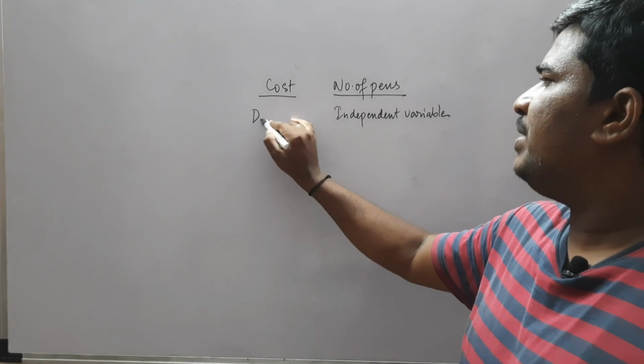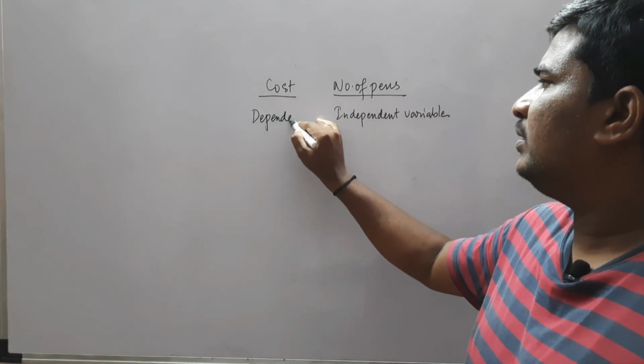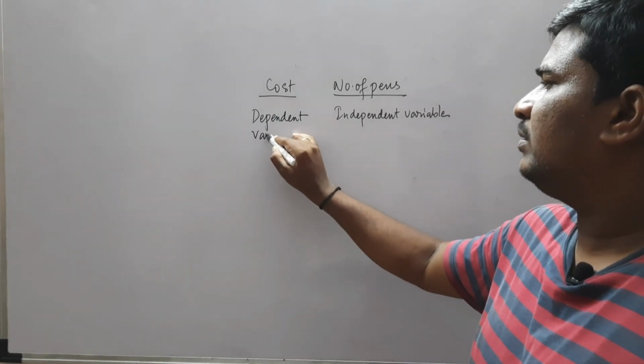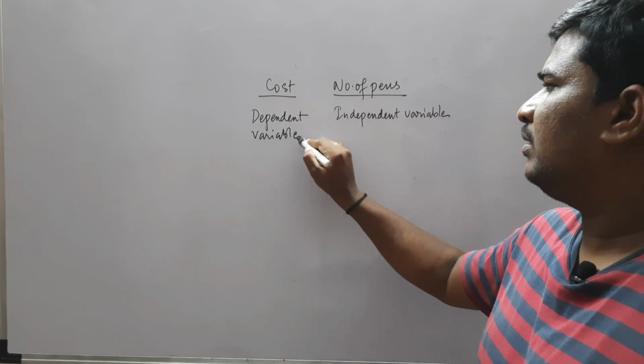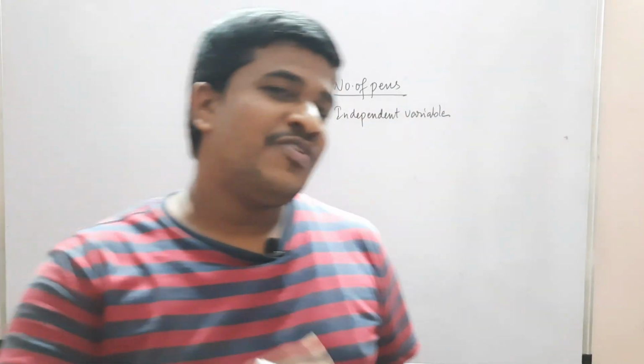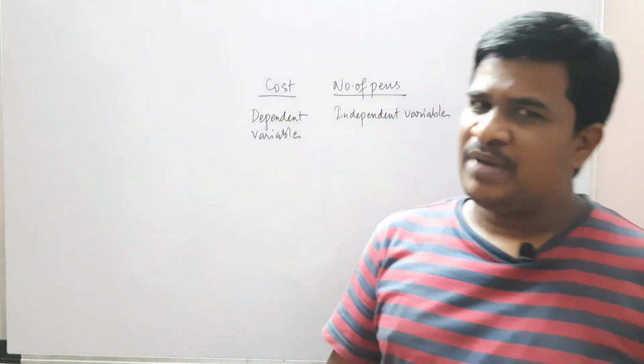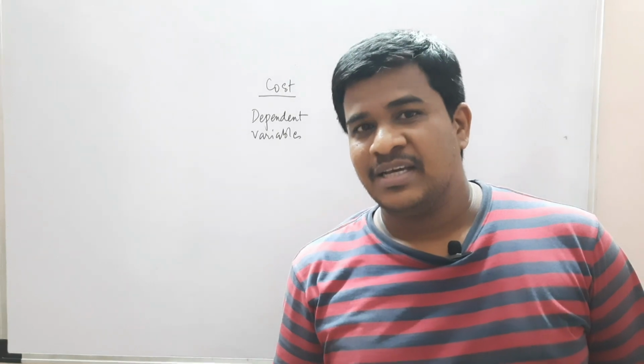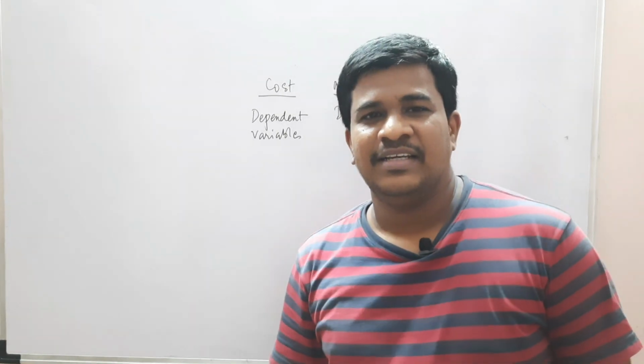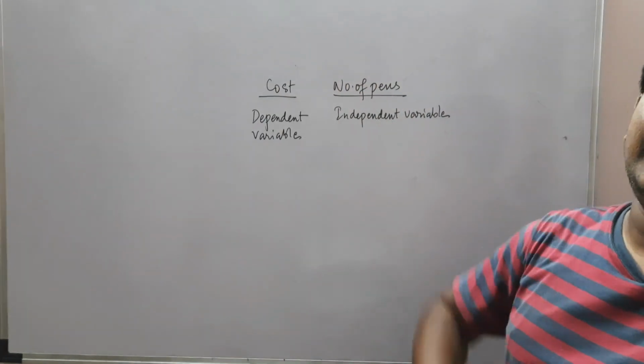So cost will be the dependent variable. Because how many pens you wish to buy is in your hands. Do you buy 2 pens or 3 pens or 4 pens or 100 pens? That is in your hands. Accordingly, the cost will be decided.